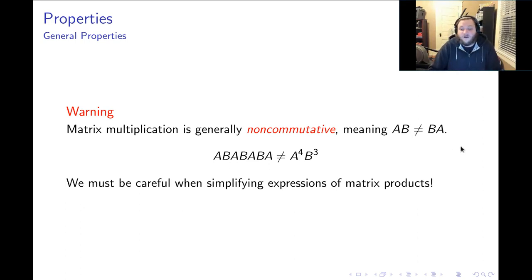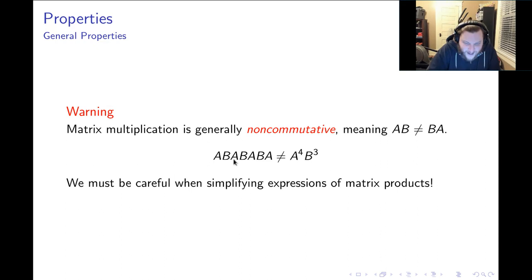And that's all fair and good, but remember, this has consequences. If you assume that the order doesn't matter when you multiply two things together, you might end up making some oversimplifications on problems. So for example, here we have an equation where we're multiplying A times B times A times B times A times B times A. Well, if these were ordinary numbers, you might look at this and say, well, that's kind of a mess.